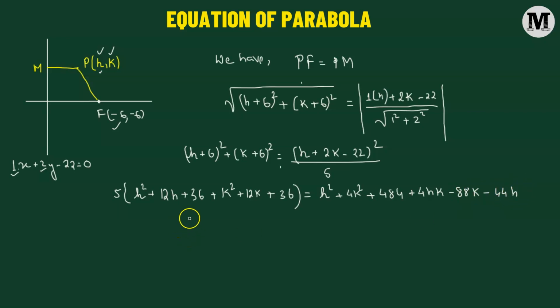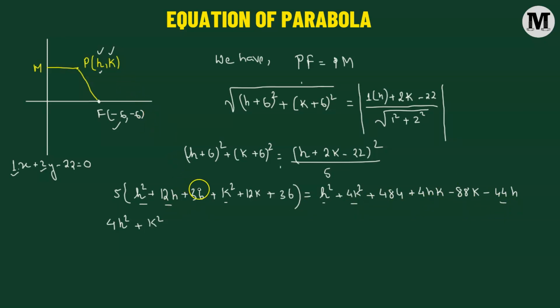Now we'll combine all the like terms. So here we have 5h squared. Now we are going to subtract h squared to get 4h squared. Then we have 5k squared, from which we subtract positive 4k squared to get positive k squared. So the h squared and k squared terms have been taken care of. Now we take 12 times 5, that's 60, so we have 60h, and from here we're going to subtract negative 44h.